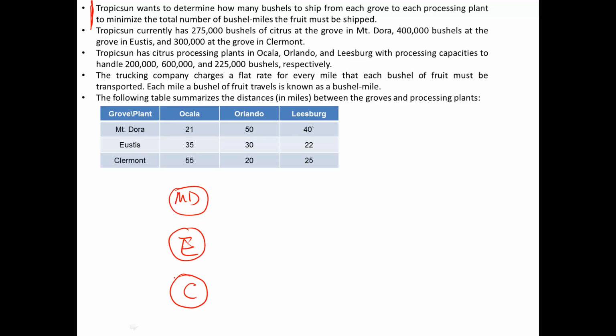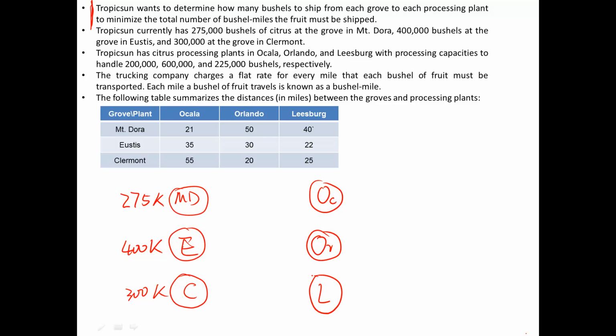So these are three groves that have different numbers of citrus that need to be shipped out. 300K. And we need to ship them to three plants: Ocala, Orlando, and Leesburg. Okay, and they have some processing capacity too.